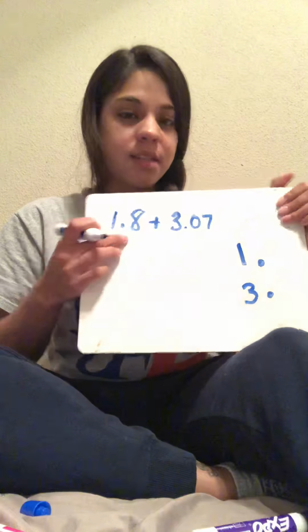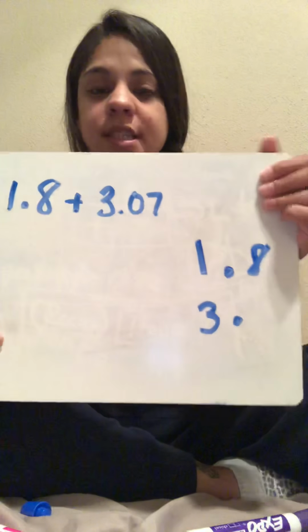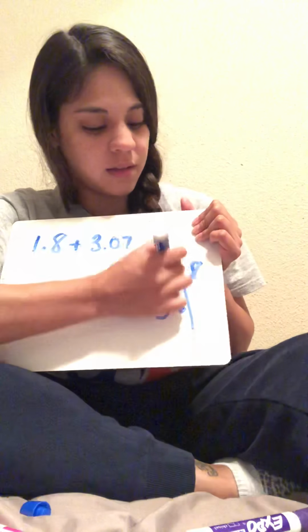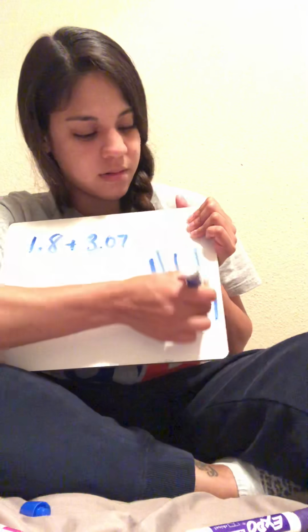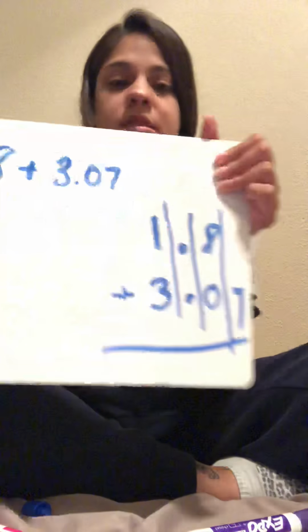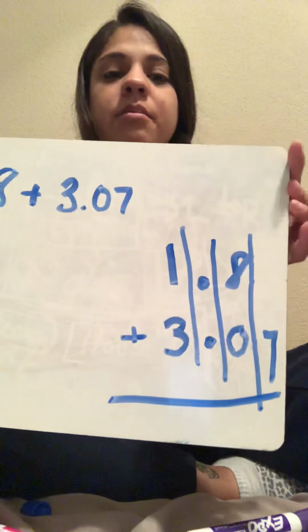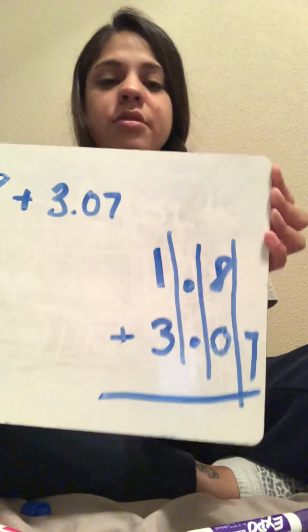So this is 1 and 8/10. So I'm going to write in my 8, and then I have 7/100. So I need a 0 under this 8, and then my 7. I always do this because it's easier to do it that way, just to make lines in between the numbers. That way I know I don't have extra numbers in there.